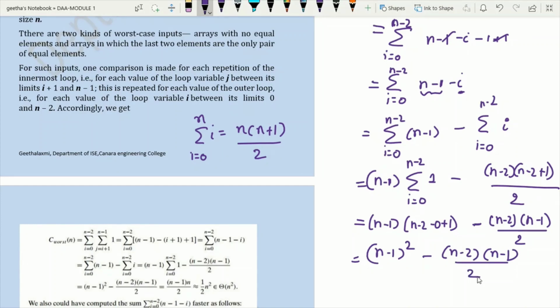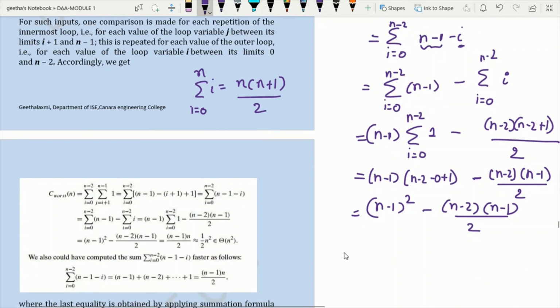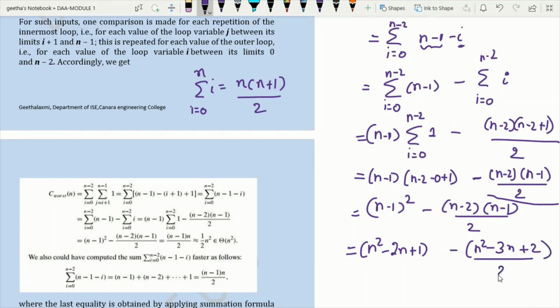Now if I still solve, what will happen? So n square minus 2n plus 1, minus n square minus 3n plus 2, divided by 2.